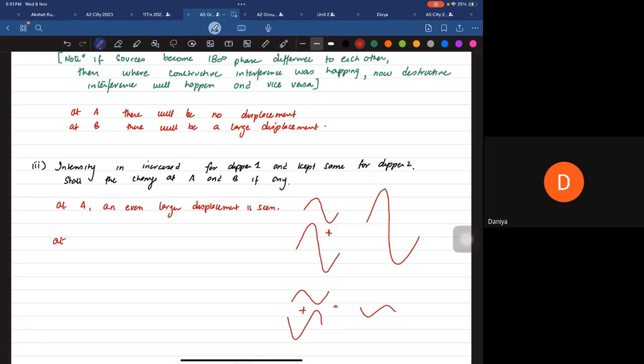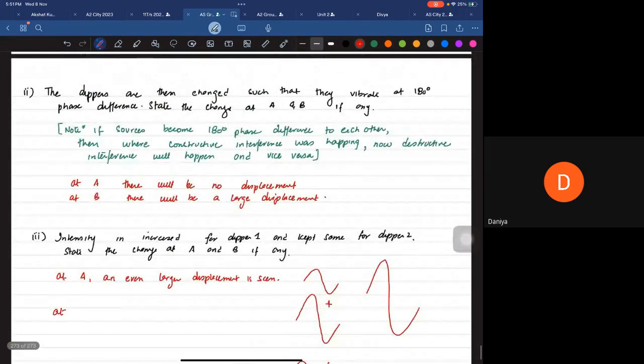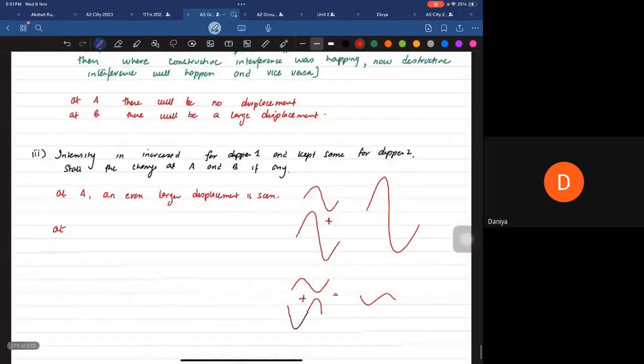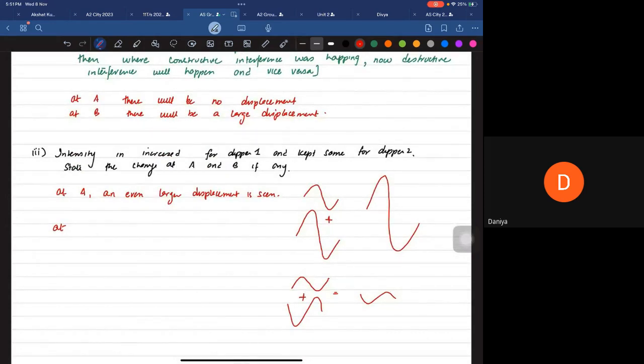B was anti-phase, that's why. B has destructive interference, right? That's why. Yeah. This part has no relation with the previous one. It is like asking about this one. You get it? Okay.